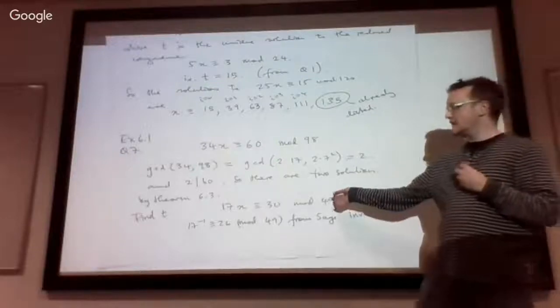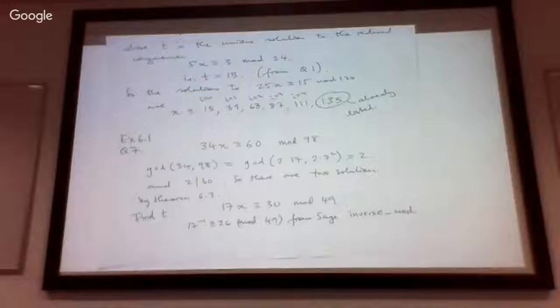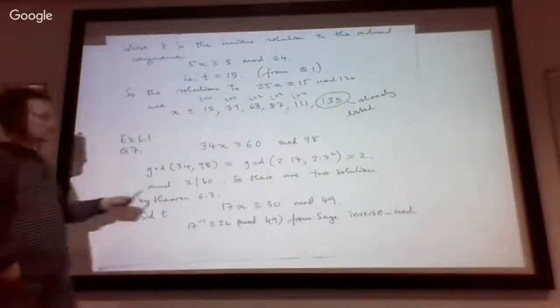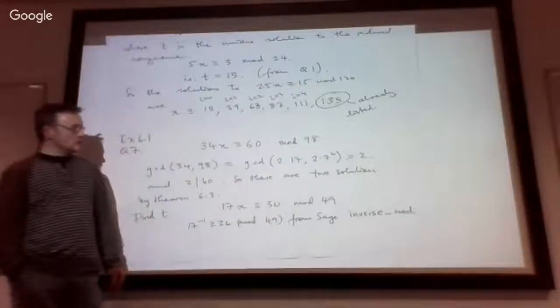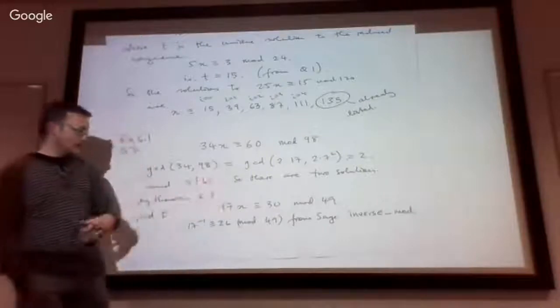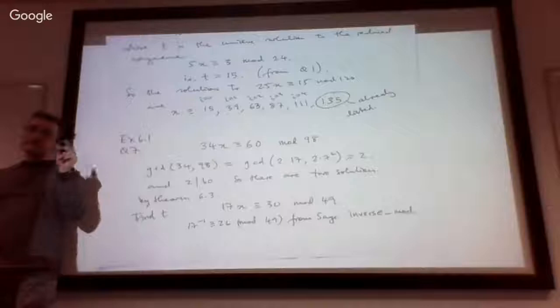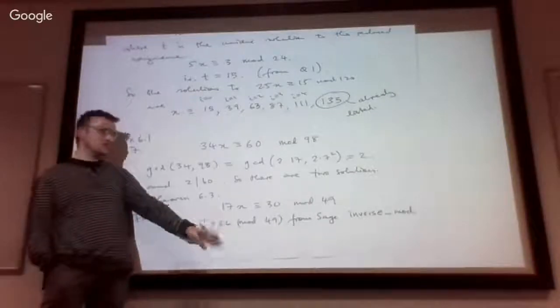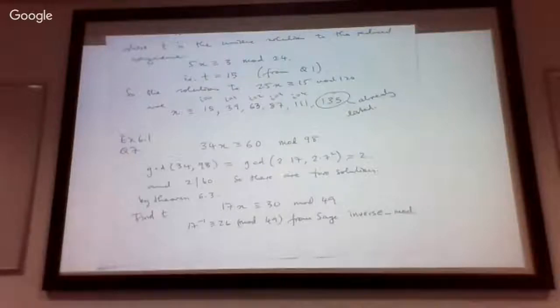So you could raise 17 to the power of 41, but that's probably a more difficult computation. The quickest way is to ask Sage, or run the Euclidean algorithm and get the linear combination of 17 and 49 congruent to 1. The coefficient of 17 might be 26 or something else congruent to 26 modulo 49.